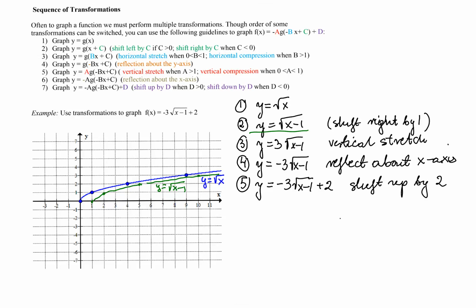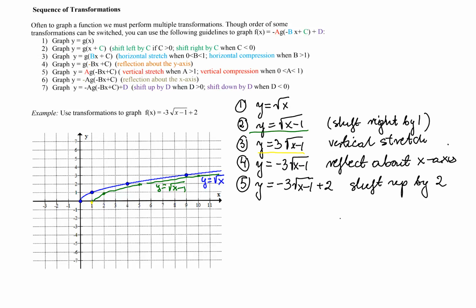Next, we'll have to multiply the square root of x minus 1 by 3. It means we have to stretch vertically by a factor of 3. Every y coordinate is multiplied by 3. So point 1, 0 stays the same.